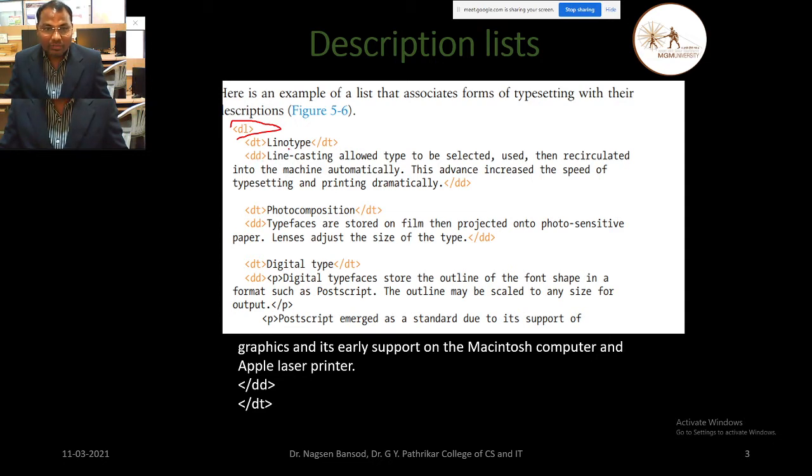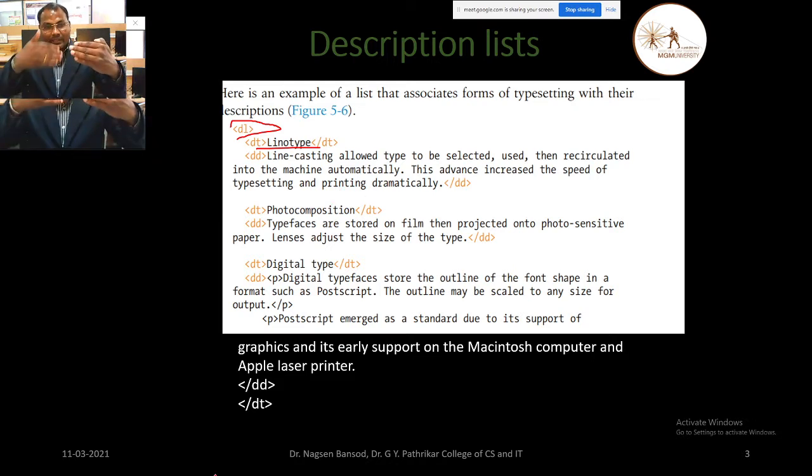Description definition: what is linotype? Linotype is the line cast, which allows type to be selected, used, and circulated. This is the content of the definition of linotype. Such terms and their definitions we can write with the help of a description list.